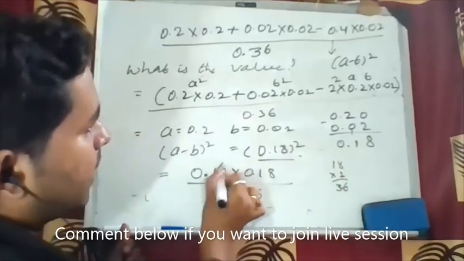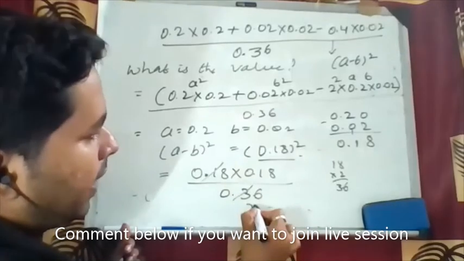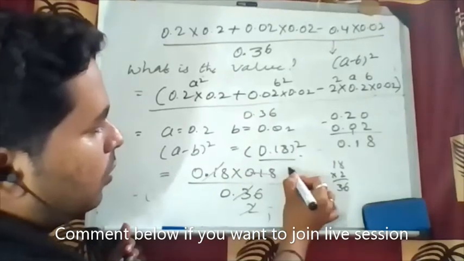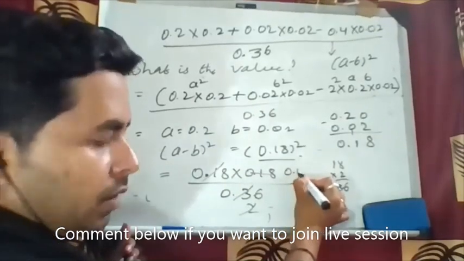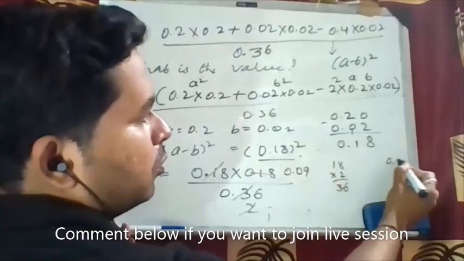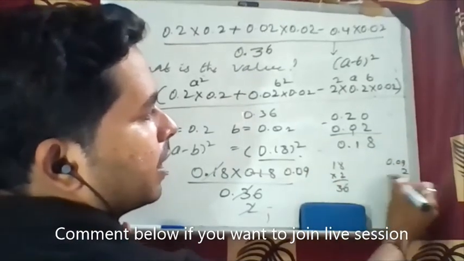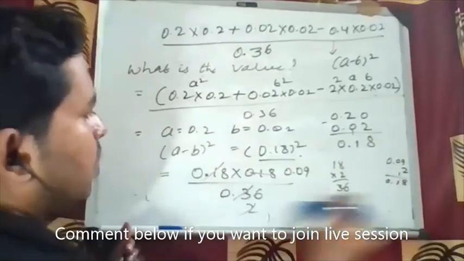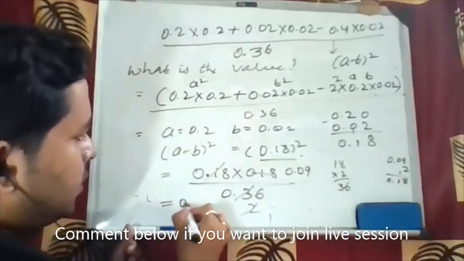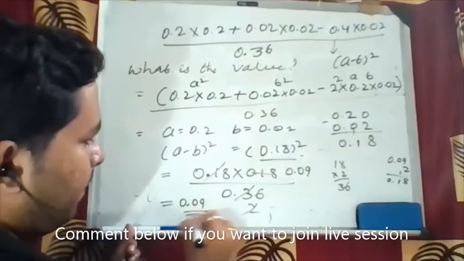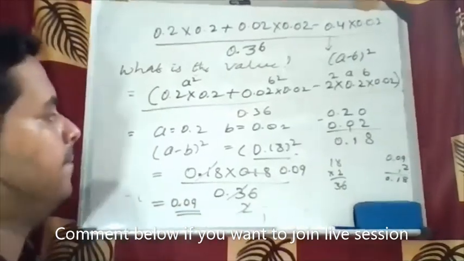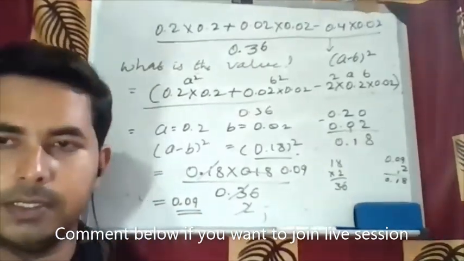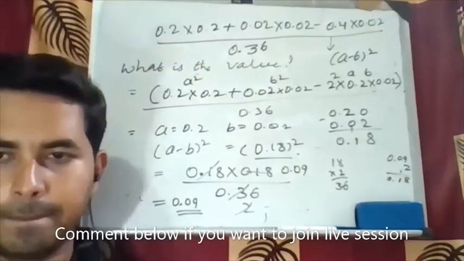So 1 will get cancelled here, 2, and again 2 ones are 2, 0.09. If you multiply 0.09 by 2, it is 18 and 1 and 0.18. So your answer has come here, 0.09. This is your answer, 0.09.